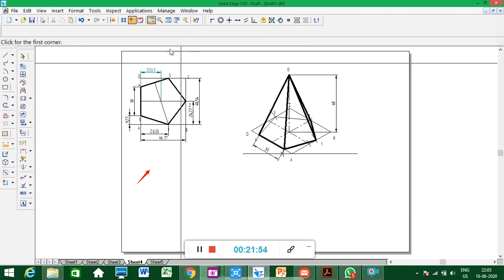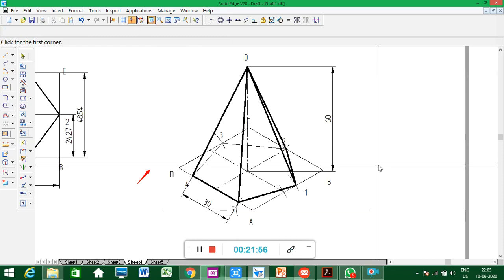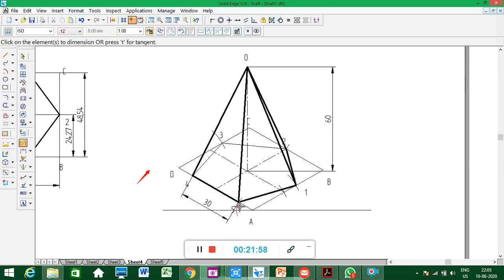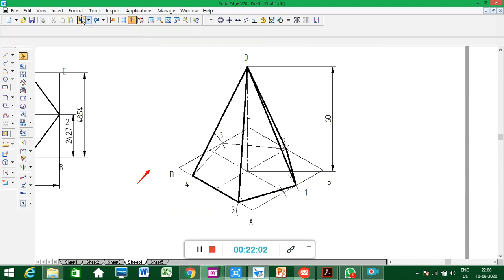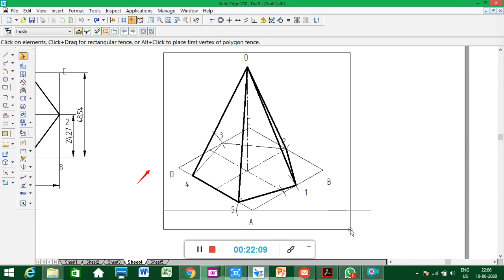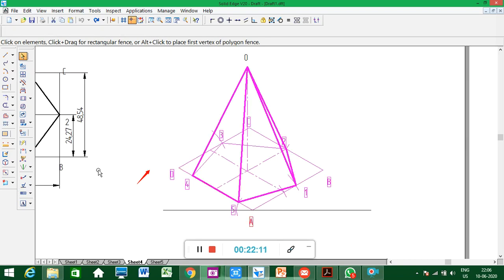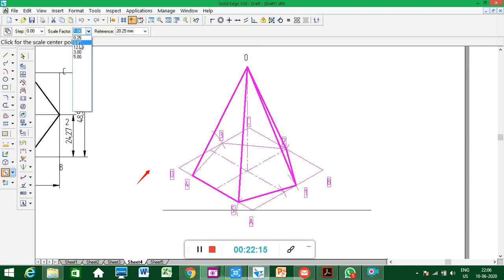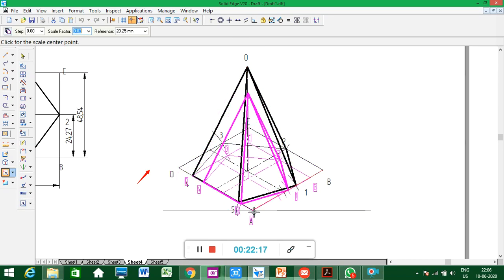So here I have drawn two shapes, but in your exam manually you can draw two shapes. It is also correct. So now if I want to convert this to isometric projection in 3D in software, it is possible. So I'll choose this whole figure. I'll scale it down to 0.8182.